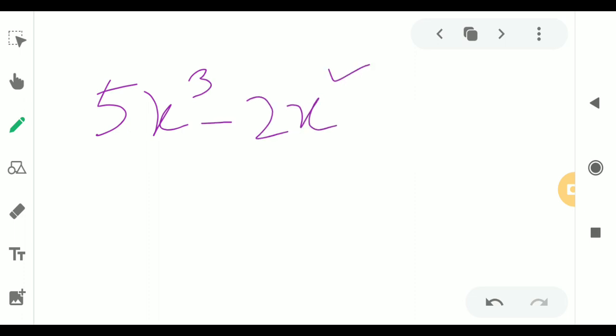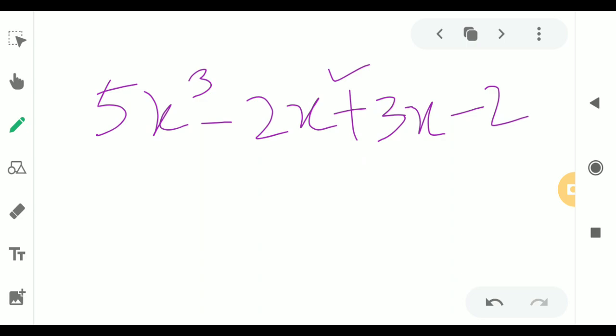How to solve? Let's see. Suppose I have a question, 5x cube minus 2x square plus 3x minus 2. So what will be the 0 so that the answer is 0? So what will be the value of x so that the answer is 0? Understand? So whatever you want, take x equals to 1.